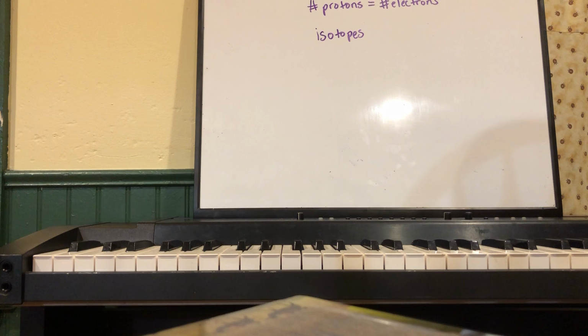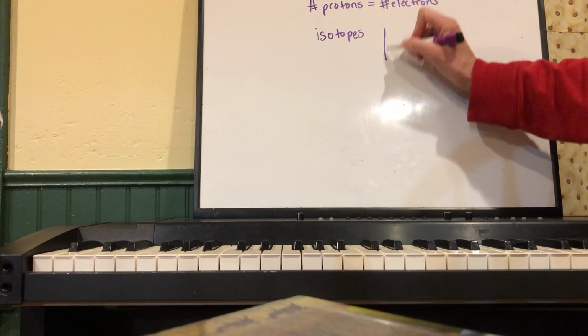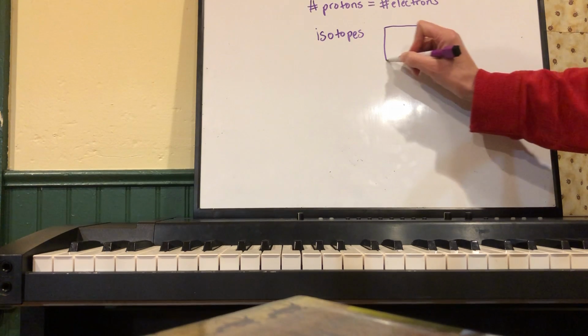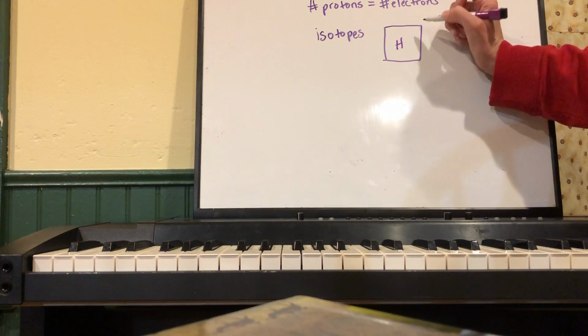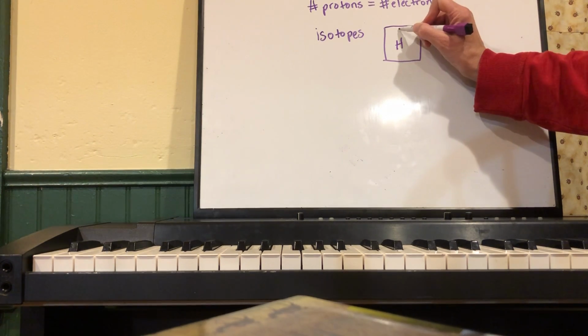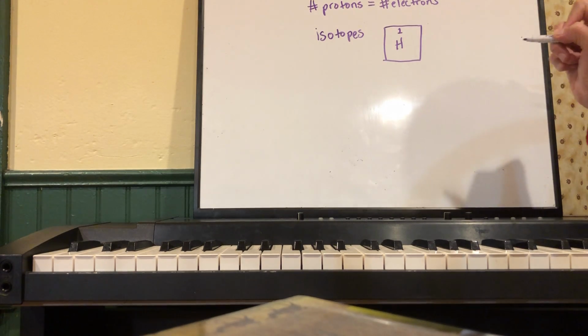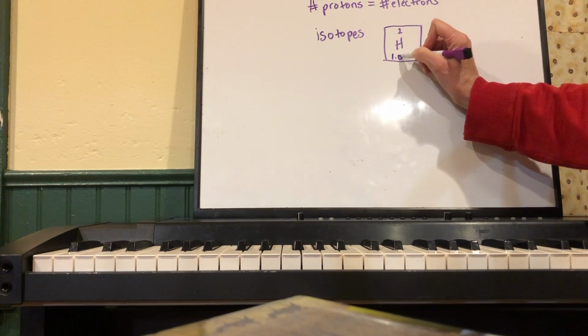Page 103. Let's look at hydrogen. On the periodic table, hydrogen is the top most left element. It's in a red box and it has an H in it. It's got a box, it has an H, and on the top it has a 1. And underneath it has 1.01.